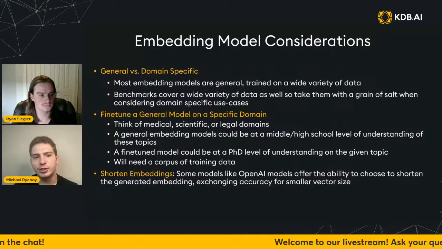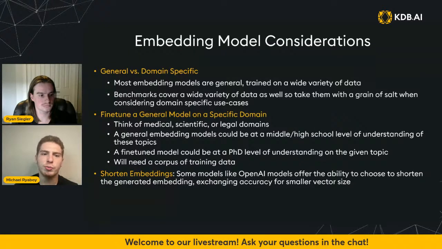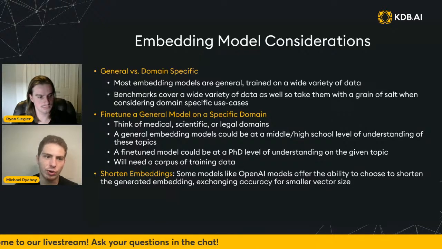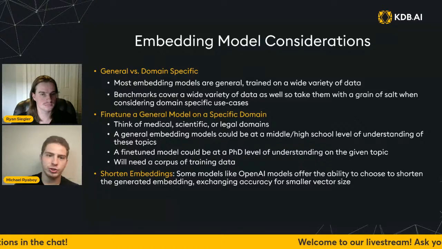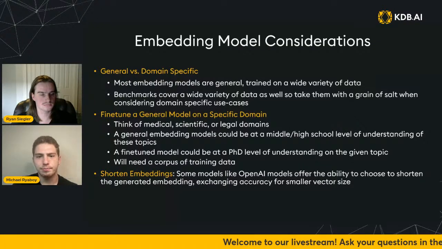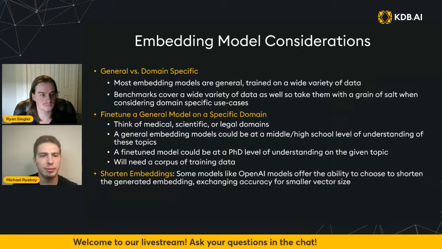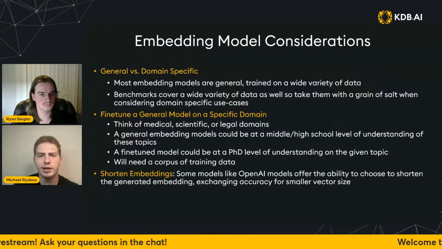Some other considerations are whether your embedding model is general versus domain specific. The vast majority of embedding models are general. They work for any kind of data. They basically take some data from the internet, they train these embedding models, and they work well for pretty much everything you throw at them. They might work poorly for non-English data because they're trained mostly on English data in most cases.